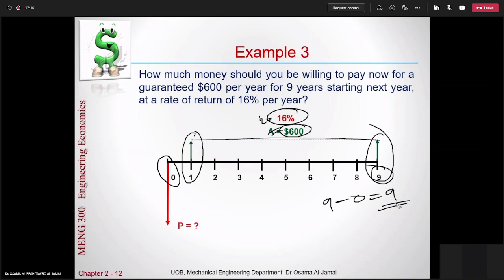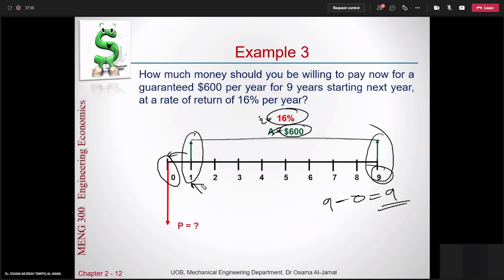It is always one to the left of the first cash flow, and this is inclusive in our calculation.